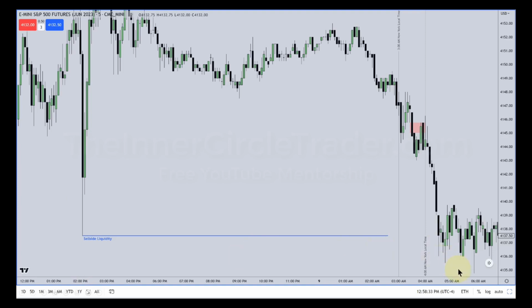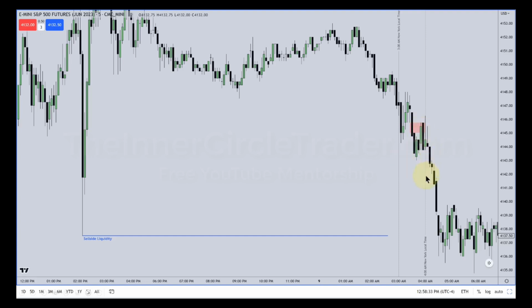So it's reasonable to anticipate a potential run of 10 handles. We don't require that, but going short inside that fair value gap, the formation of the ICT silver bullet, the entry is taken inside of that 60-minute window between 3 a.m. and 4 a.m.